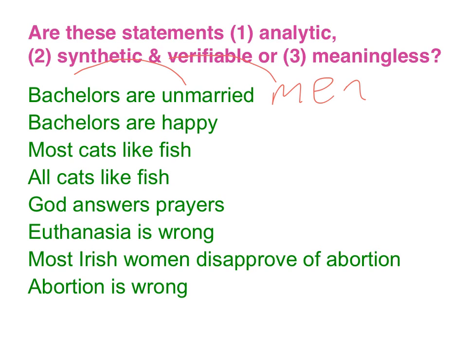A relation of ideas. Look at me relating these ideas. That's all I need to know to decide that it's an analytic statement. Bachelors are happy. Well, in order to find out whether that's true, we would have to go and check, and that makes it a synthetic statement.